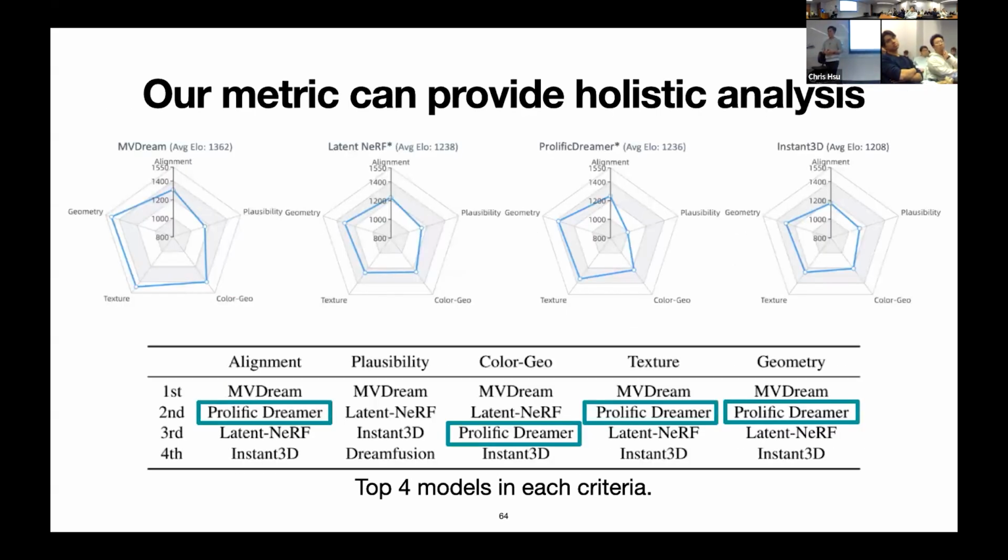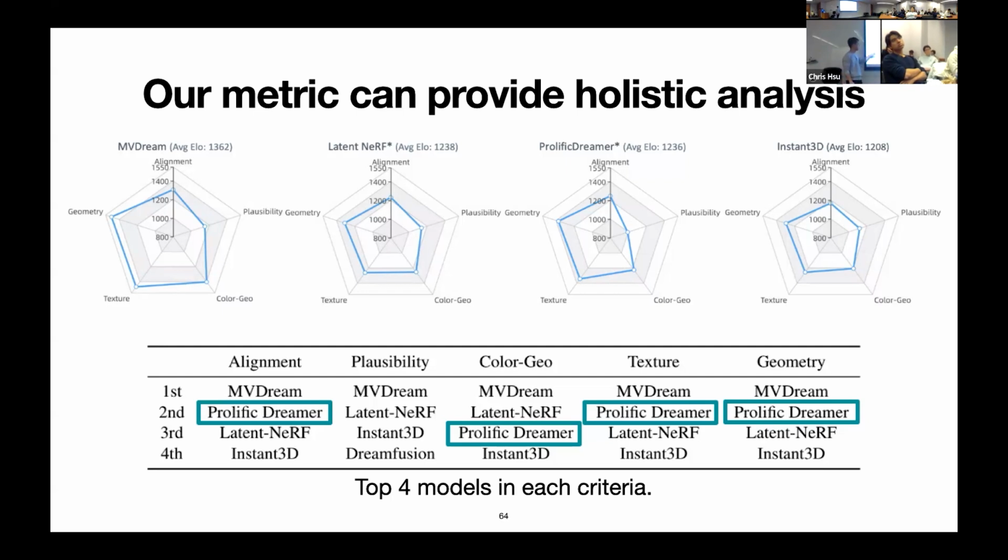The key thing is that with this metric, we are able to take each 3D generative model and look at it in a more holistic way. Maybe the performance of your model is not quite as good, but what is the axis that you need to improve? This is a question that a lot of developers are curious about. With our metric, you are able to get a more detailed view.